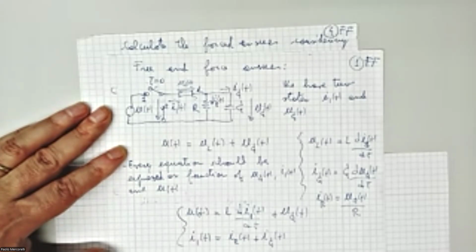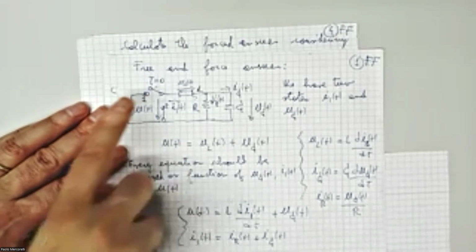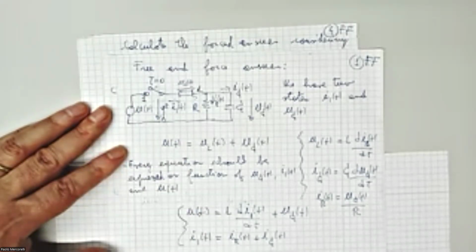This means it makes sense to analyze what is the initial condition at time 0 minus. 0 minus means short before. And what happens between 0 minus and 0 plus? Because in this transient, it could be that something interesting happens. But this will be done a little bit later.